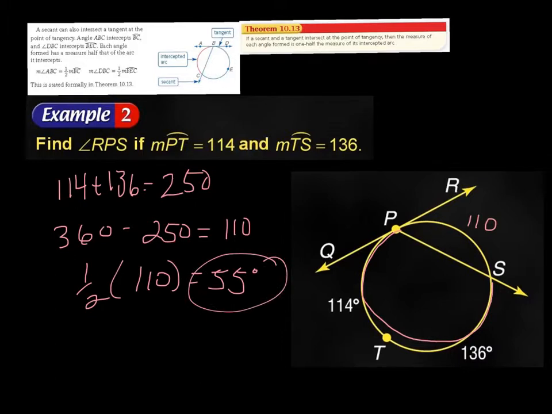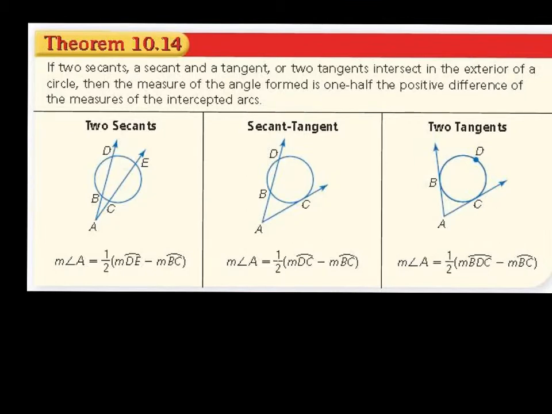Secants and tangents can also meet outside a circle. The measure of an angle formed also involves half the measures of the arcs they intercept. If two secants, a secant and a tangent, or two tangents intersect in the exterior of a circle, then the measure of the angle formed is 1/2 the positive difference of the measures of the intercepted arcs.